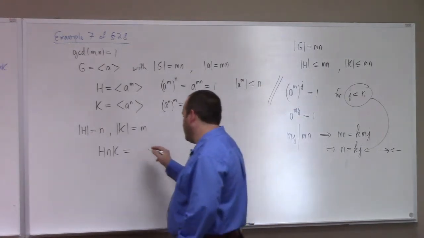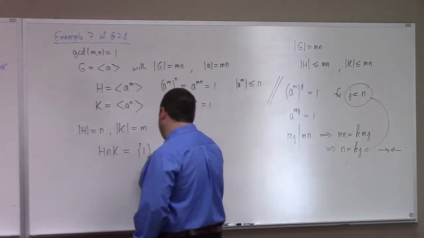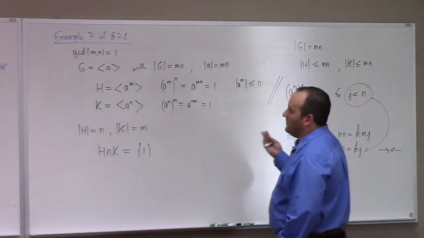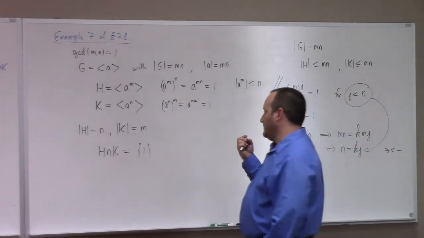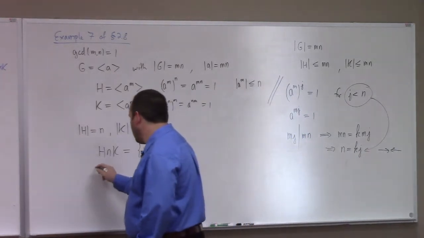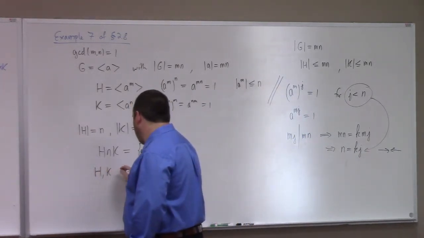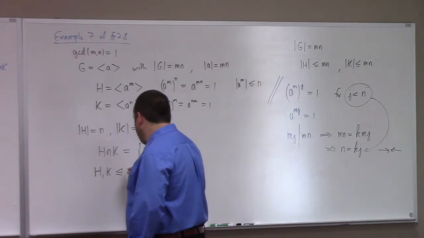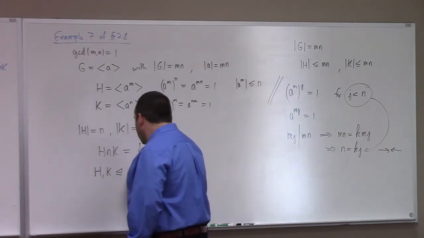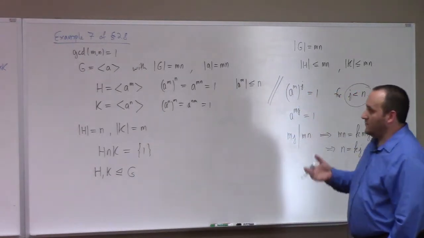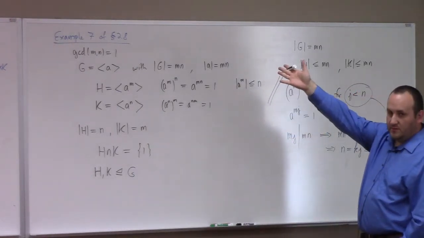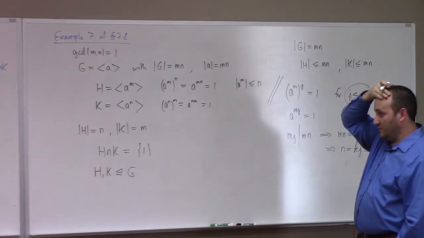So look, we have all of the ingredients we need. Are H and K normal? There are a billion subgroups of an abelian group, so yes, they're normal. A subgroup in an abelian group is normal. So we've got everything we need to use corollary 2. And what's that tell us?